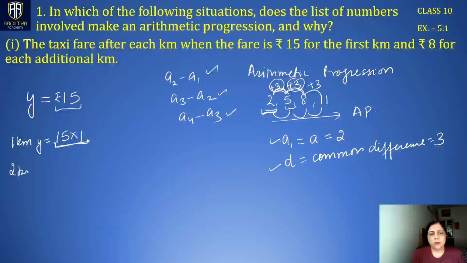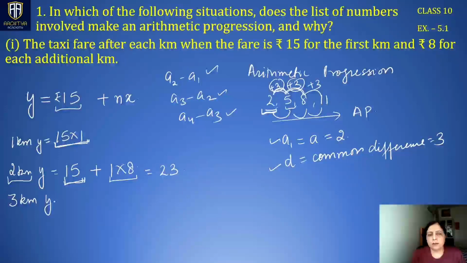And for 2 kilometers, 15 rupees is for the first kilometer, and since we have traveled 2 kilometers, 1 is already done here. For the next kilometer, we have to multiply 1 by 8. That is, for 2 kilometers, the first kilometer is 15 and the next kilometer is 8. So it gives us 23.